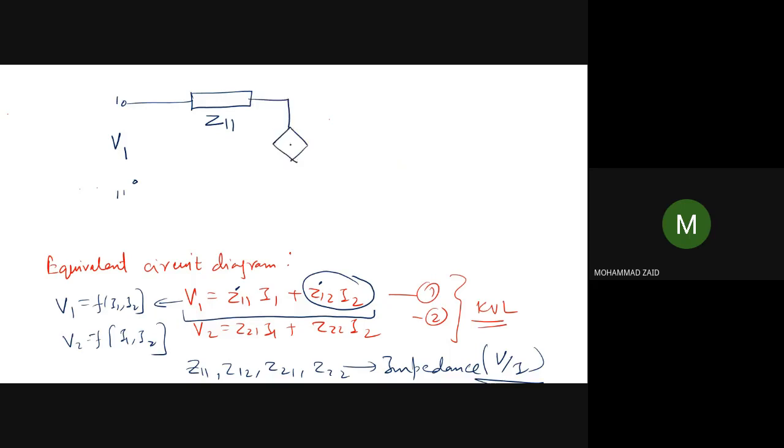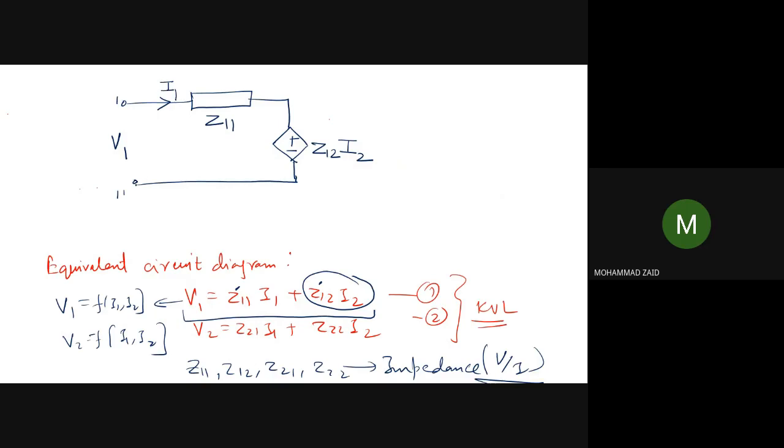This is a dependent voltage source whose voltage is dependent on, this is constant, basically the output port current, that is I2. Let us connect this, and the current which is flowing here is I1.